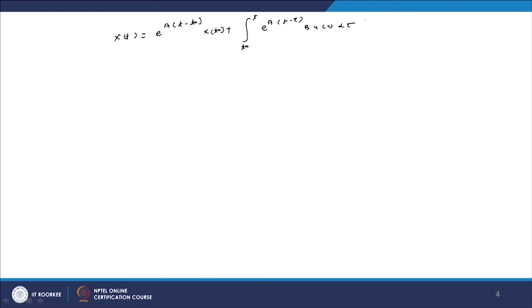So, here limit from t0 to t, and you will find that this particular portion is called unforced response, and this particular portion is called forced response, and complete state equation depends upon A matrix, B matrix, input.